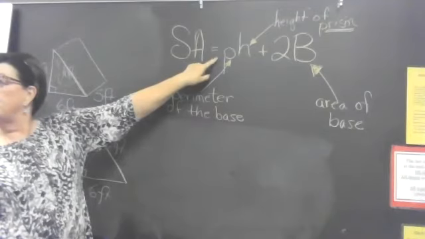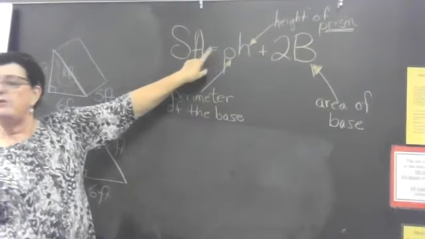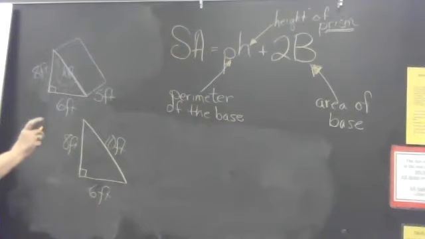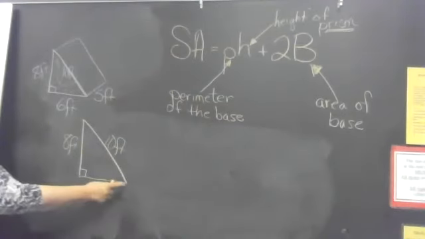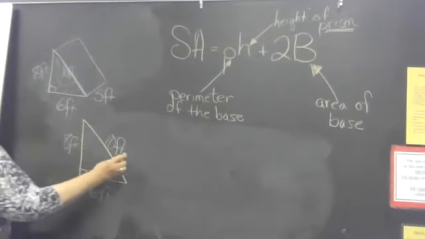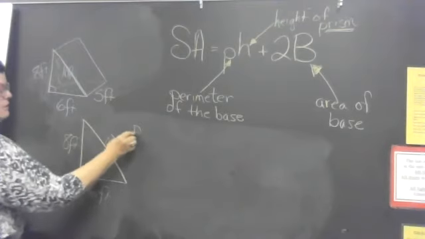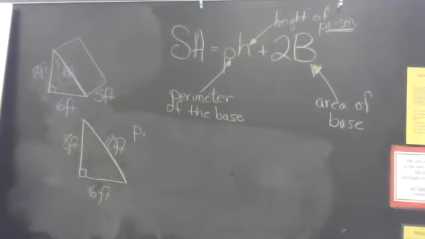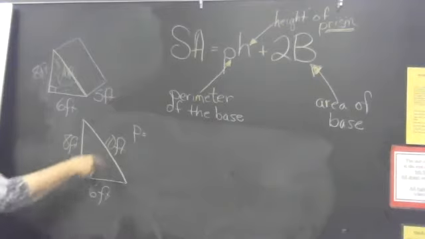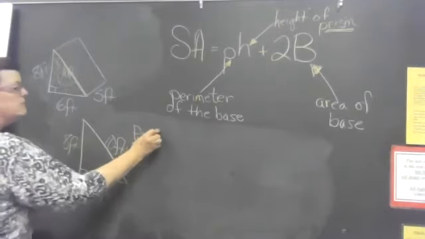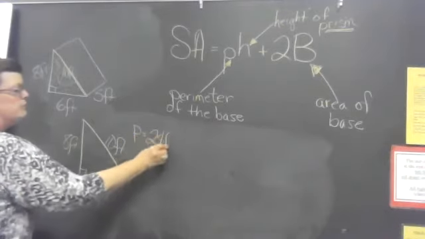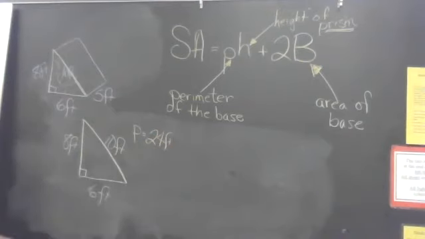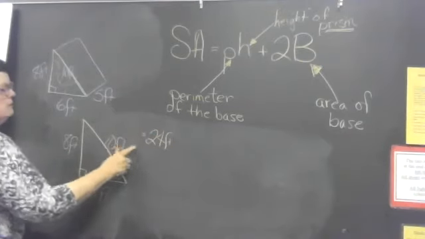Okay, let's find the perimeter of the base, which, Rachel said, is 8 plus 6 plus 10. So the perimeter of the base is going to be 24. 16 and 8 is 24. 24 feet.